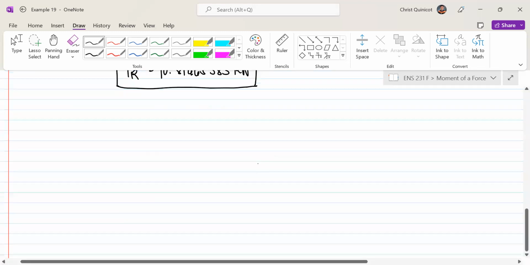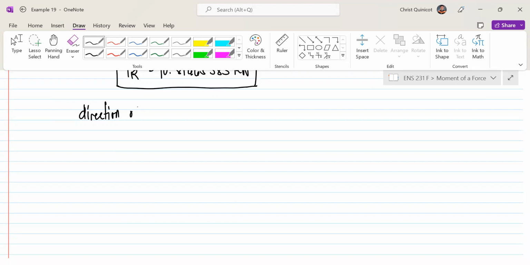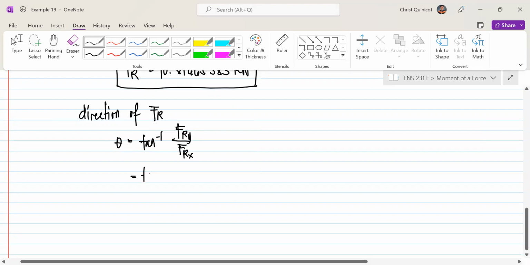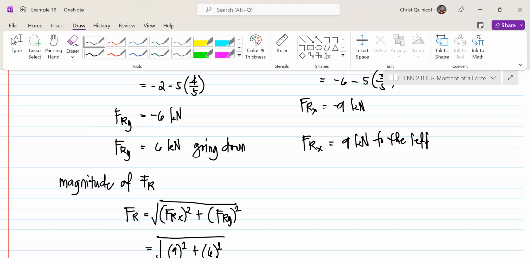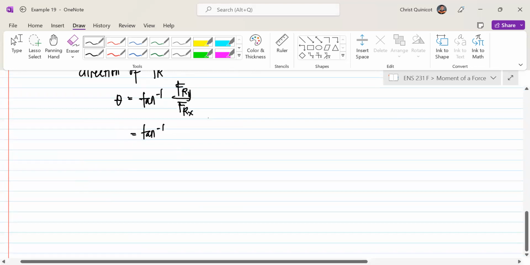Now for the direction of F sub R, we have theta equal to the inverse tangent of F sub Ry over F sub Rx. We'll be using the positive values, meaning using the magnitude with the correct sense already. So 6 going down, 9 to the left, so it's positive 6 over 9.